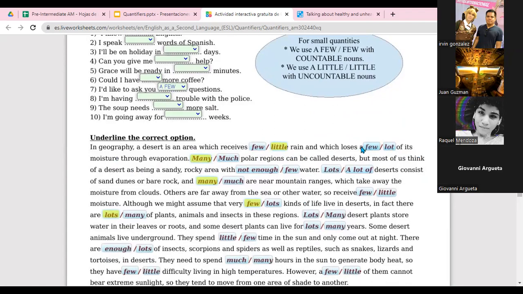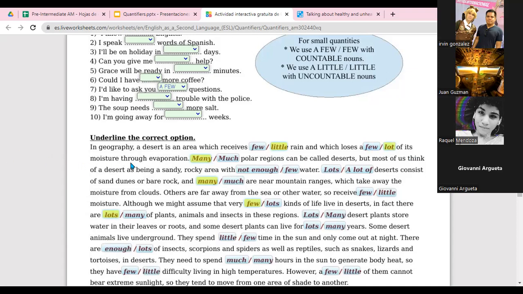A few of or a lot of its moisture? A lot of.